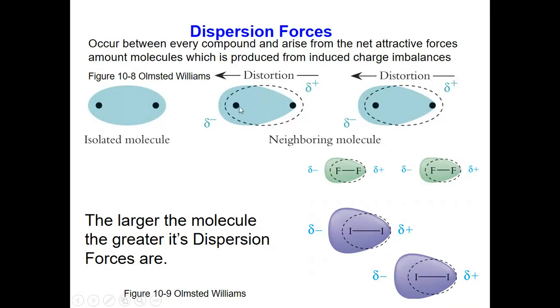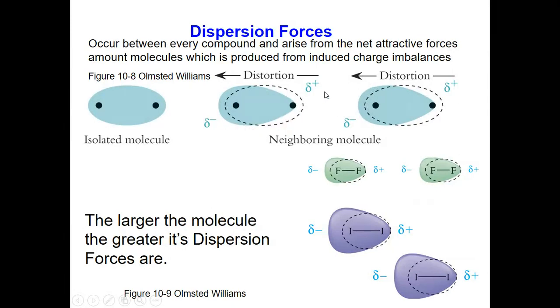However, if the atom or molecule approaches another atom or molecule, the electron clouds in each of them are either attracted or repelled by each other. So these dotted lines represent the very symmetrical electron distribution when there's nothing else nearby.